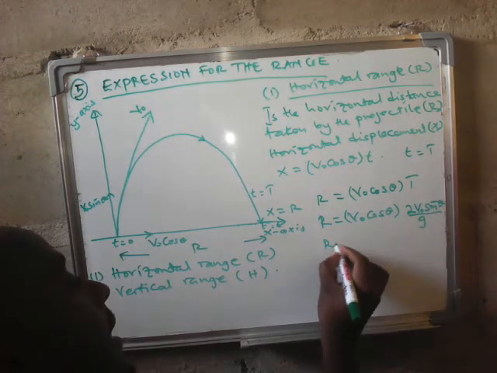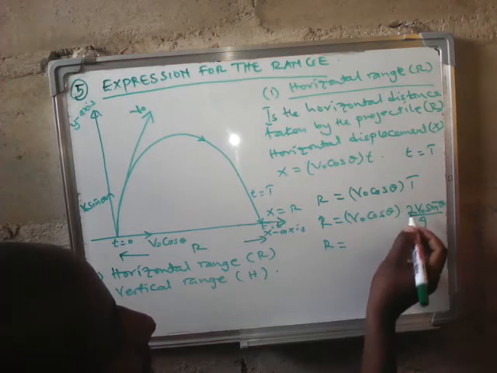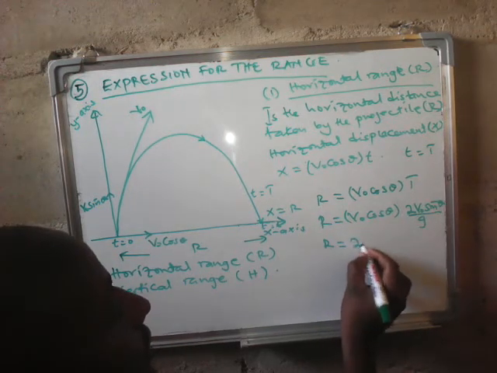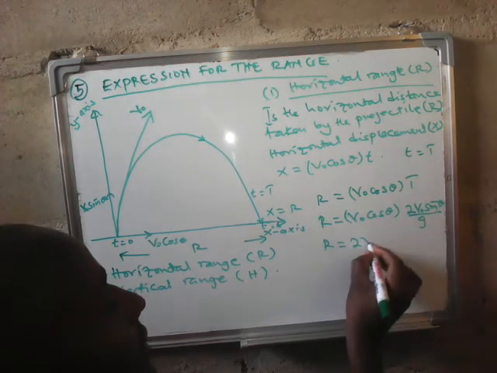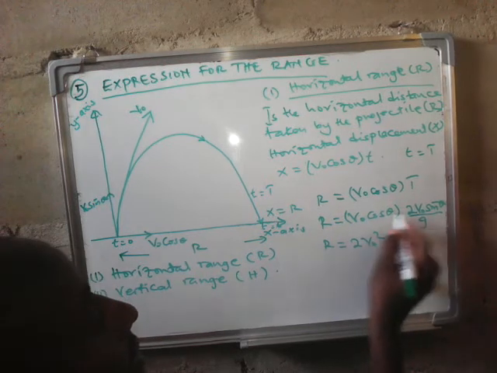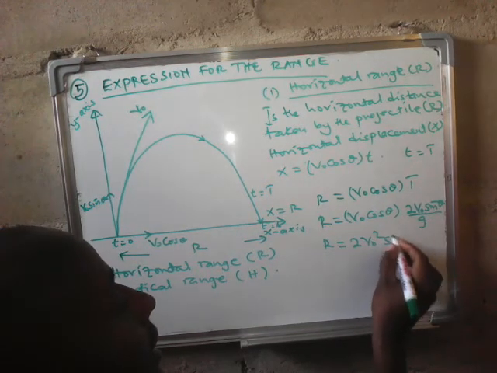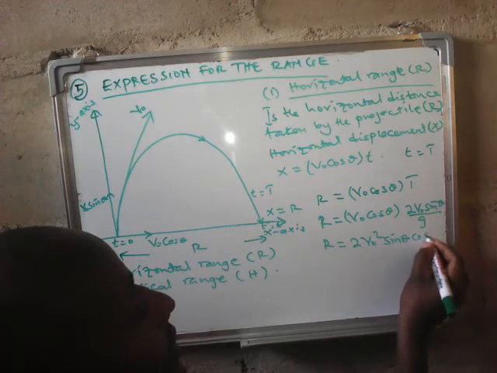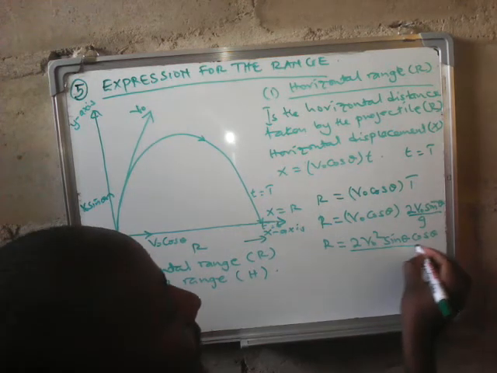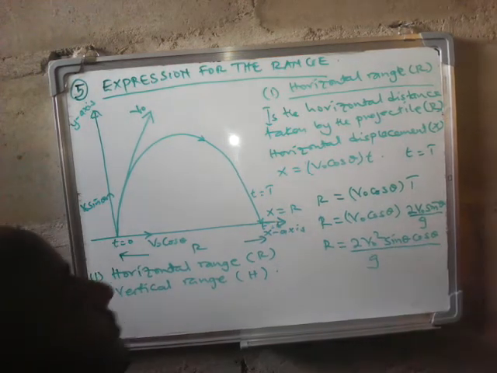We get v naught squared, sine theta, cos theta, divided by g.